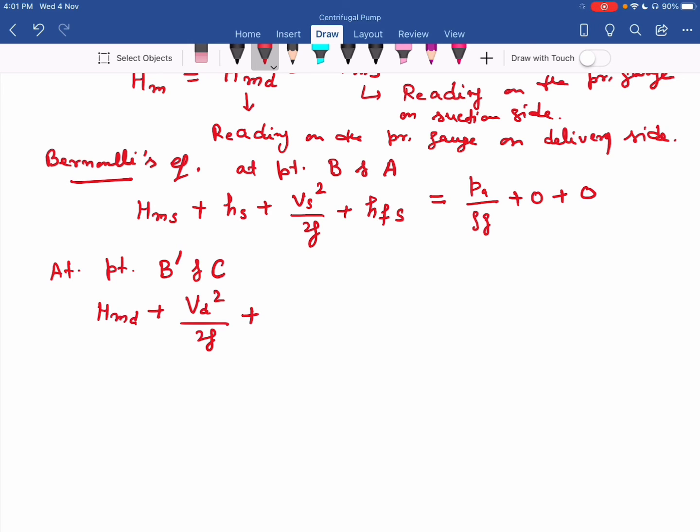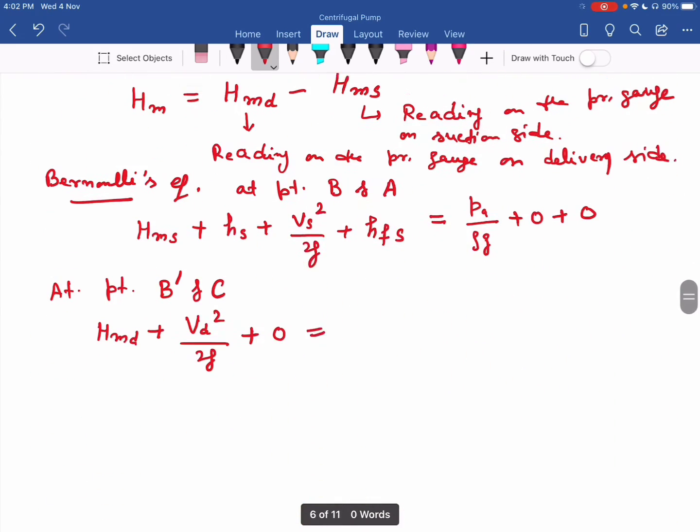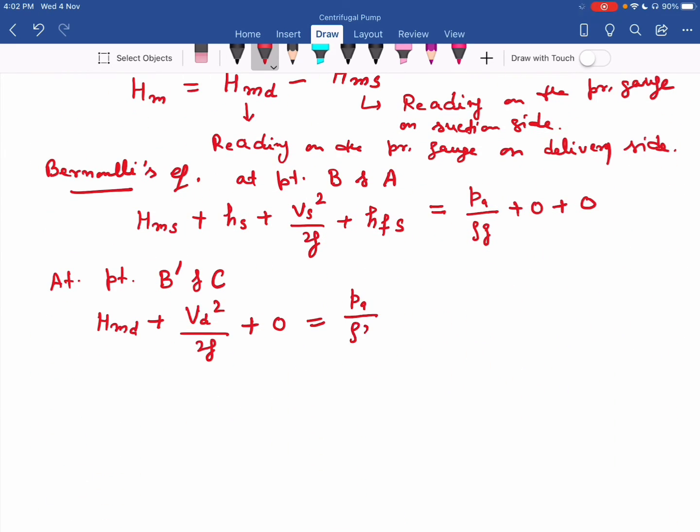Along B dash I consider the line as the datum line, so that is 0, equal to the pressure at section C, again atmospheric, PA divided by rho G, plus velocity head Vd square divided by 2G, plus delivery head HD, plus losses in the delivery pipe, frictional losses HFD. Say this is my equation number 1 and this is my equation number 2.